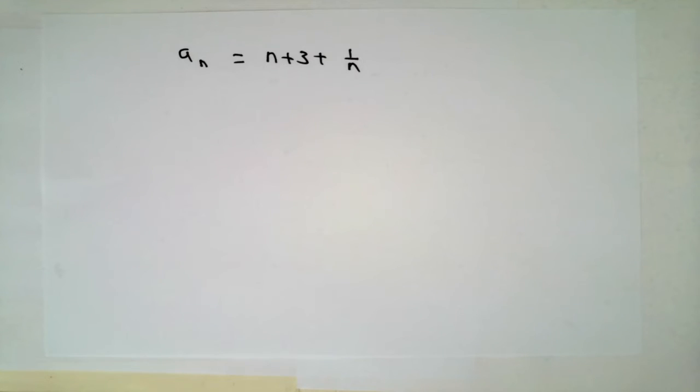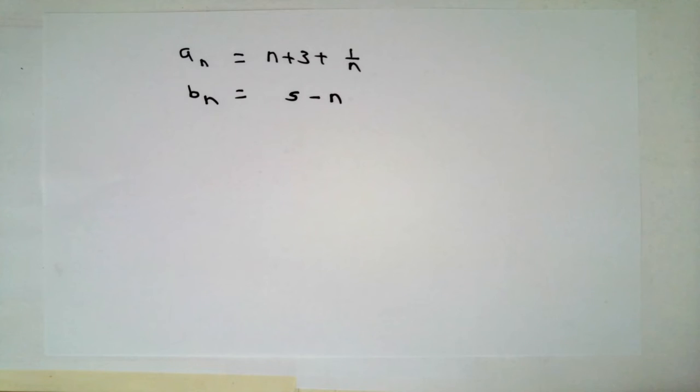I want to look at a sequence whose individual terms are n plus 3 plus 1 over n, and also one whose terms are 5 minus n. If you look at the first one, the a numbers are n plus 3, which is positive, plus 1 over n, which is positive.